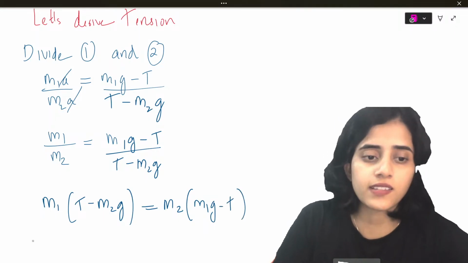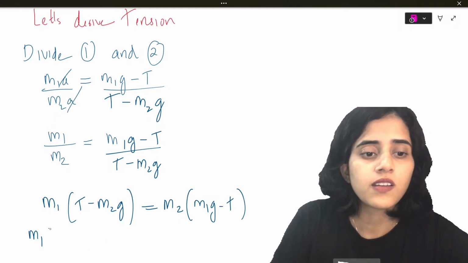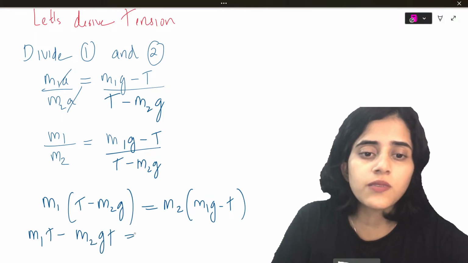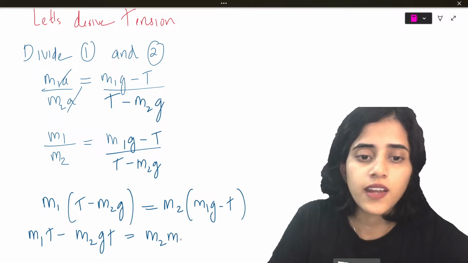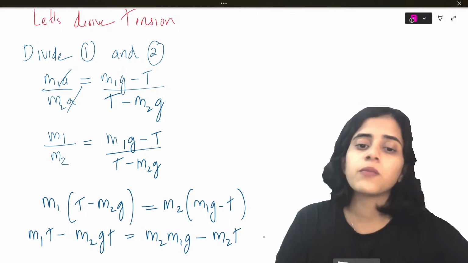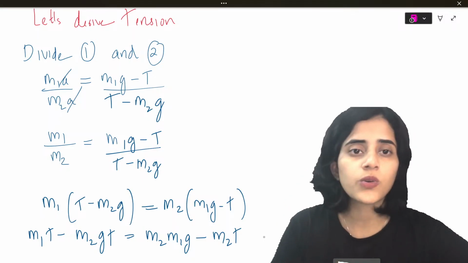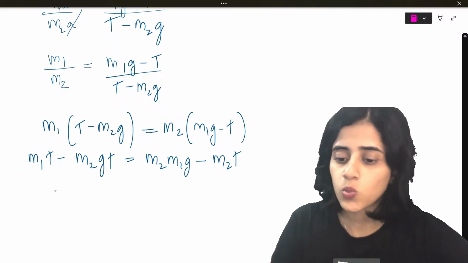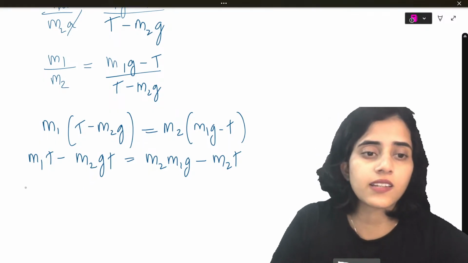So let's open the brackets. This will become m1 into T minus m2g into T is equal to m2 m1 into g minus m2 into T. Okay. Now what is the next step that we do? We can take m1 and m2 to one side.